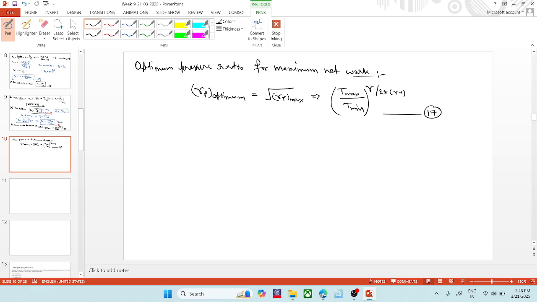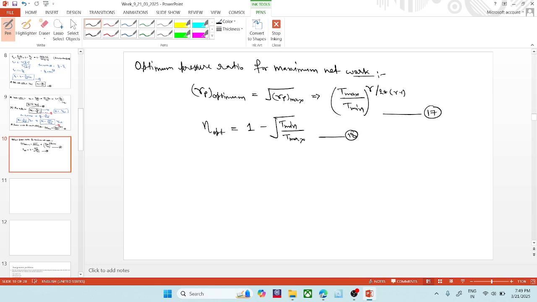And the optimum efficiency with respect to this pressure ratio would be 1 minus the square root of T min by T max.